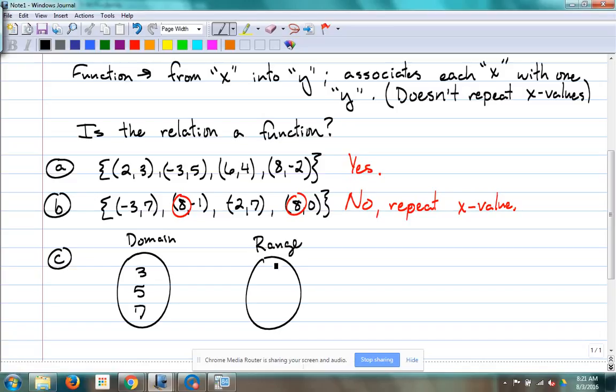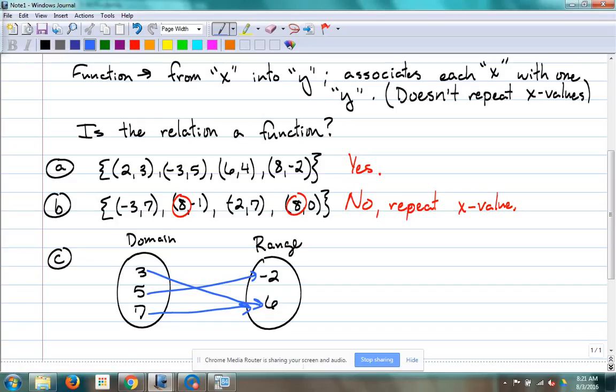And then over here on the range bubble, they got -2 and 6. And what they have to do here, if it's a mapping, is they have to map the domain to the range using arrows. So maybe they draw an arrow from the 3 to the 6, from the 5 to the -2, and maybe the 7 goes to 6 as well. So it's just arrows that connect all those things.